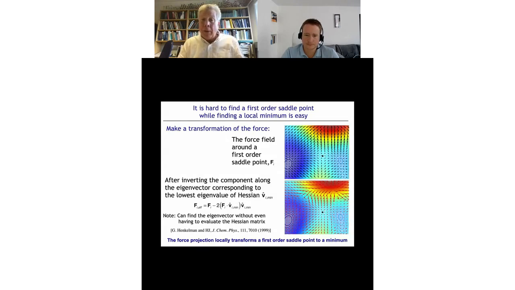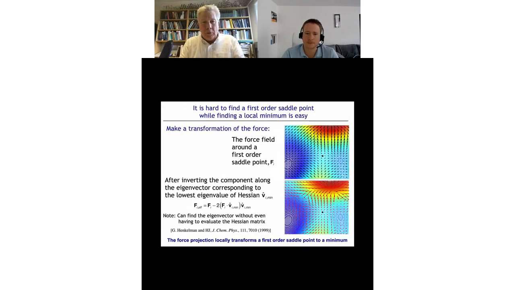And if you can do that, then all you need to do is take the force acting on all the atoms in the system, written here as F_i, and then you basically project the force onto that minimum mode. That's the F dot V, and then you multiply by V again, and you subtract twice that component.